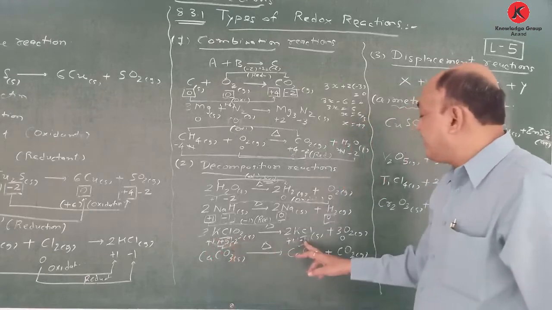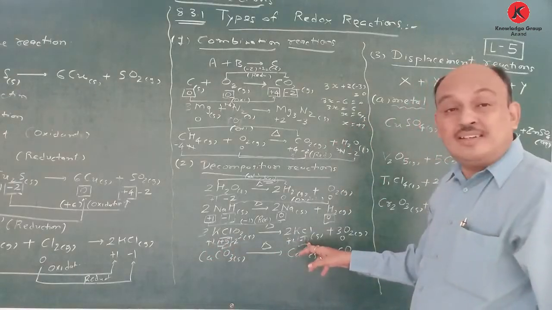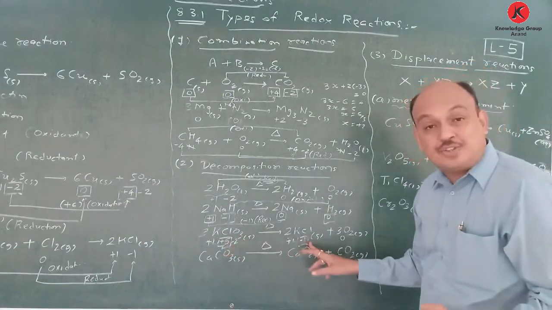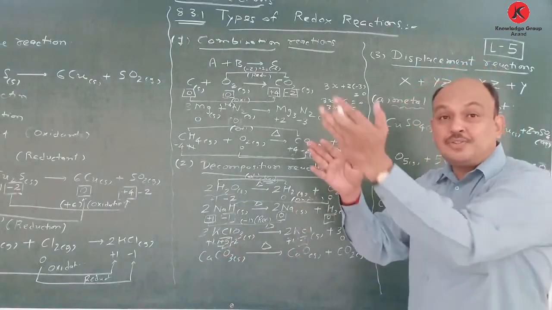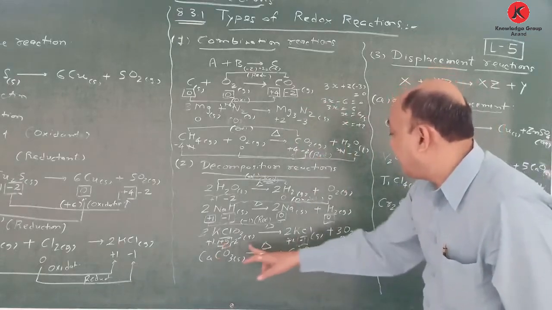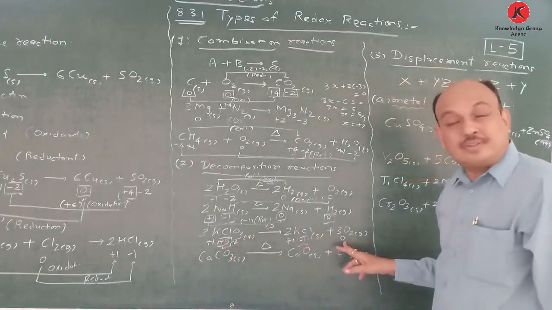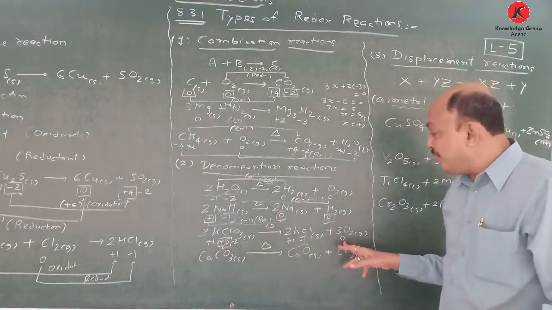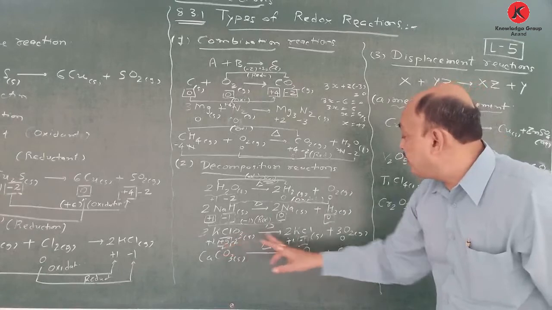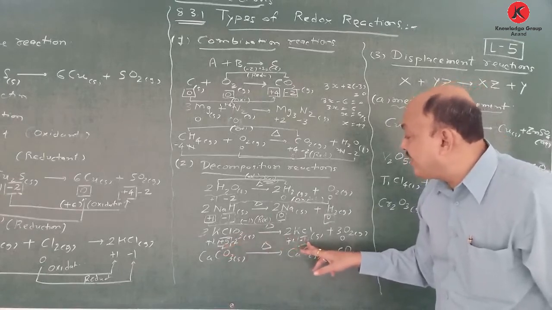Therefore, which reaction is it? The oxidation number decreases, from plus 5 to minus 1, so it is a decrease of 6.